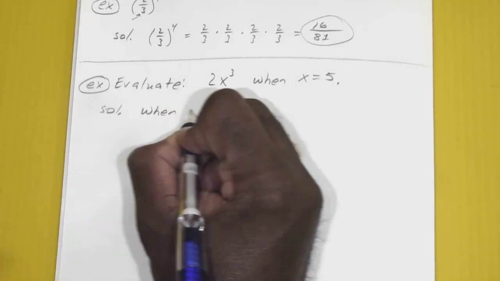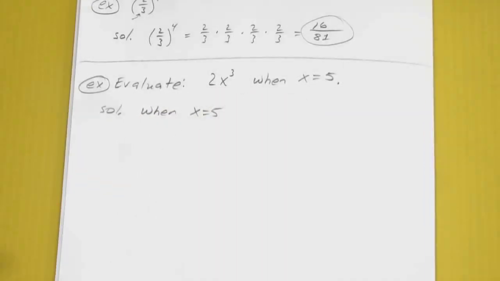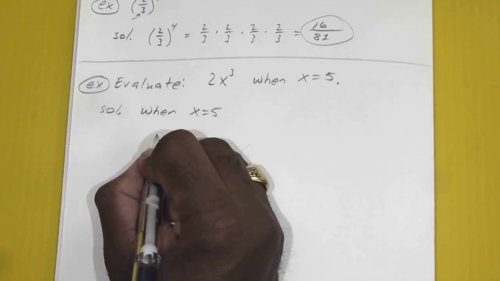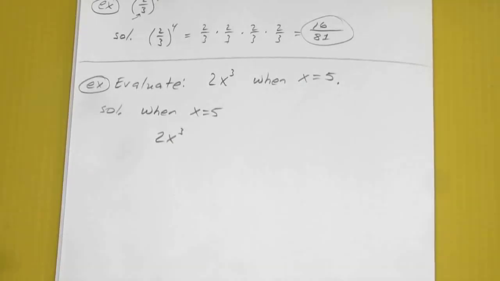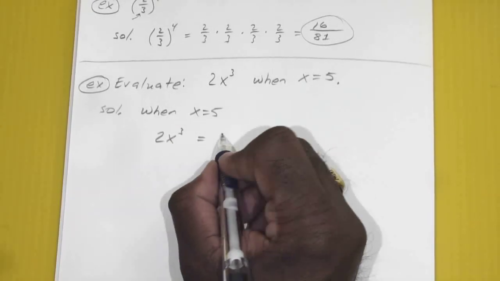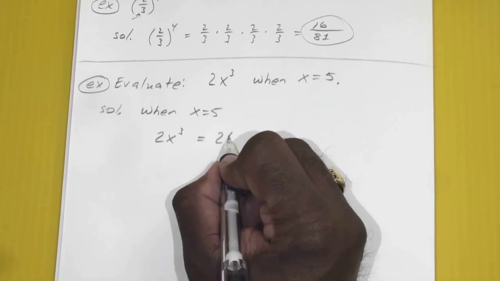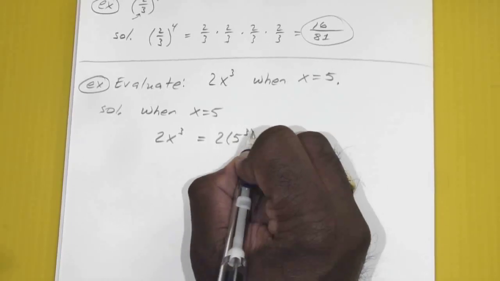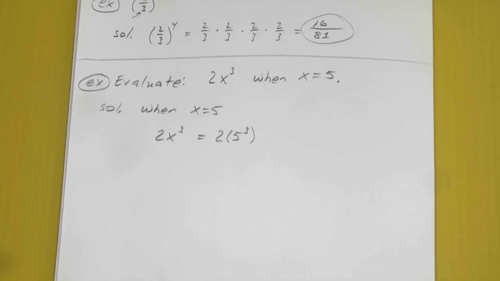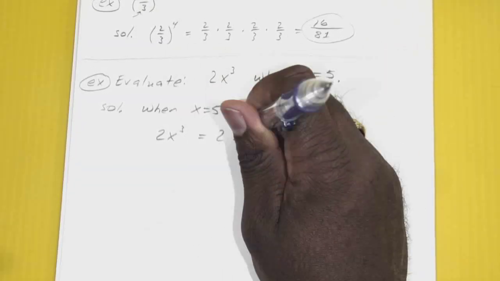Now we know that when x is equal to 5, our 2x to the third power just becomes 2 times 5 to the third power. You can use the parentheses or you can use the multiplication dot. Either one of those will work.